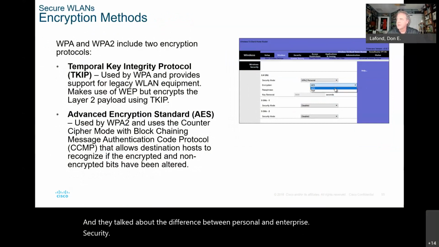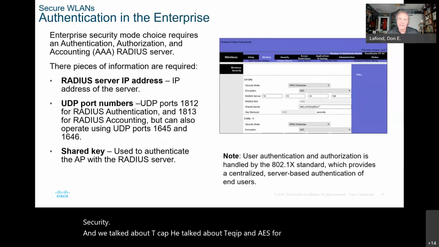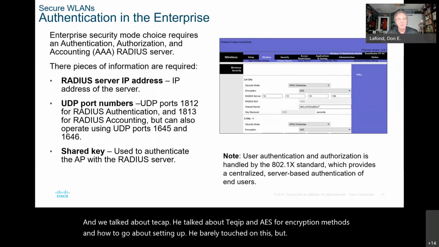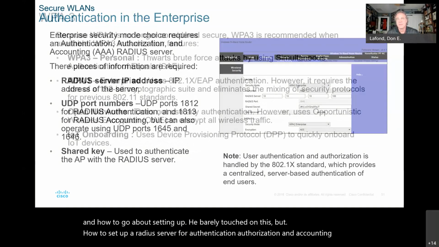And we talked about TKIP. He talked about TKIP and AES for encryption methods and how to go about setting up. He barely touched on this, but how to set up a RADIUS server for authentication, authorization, and accounting purposes. And he explained that.